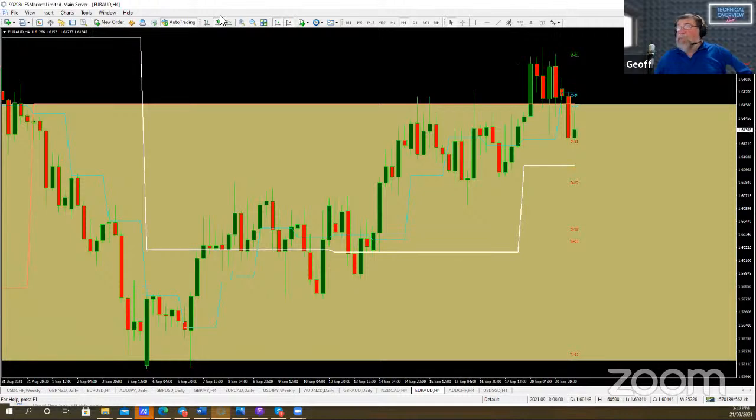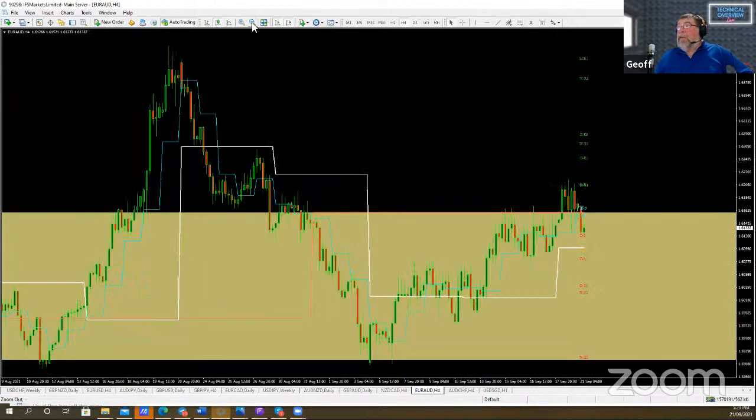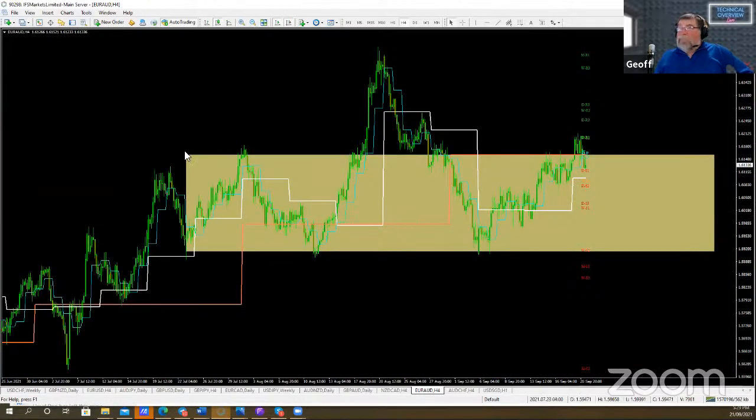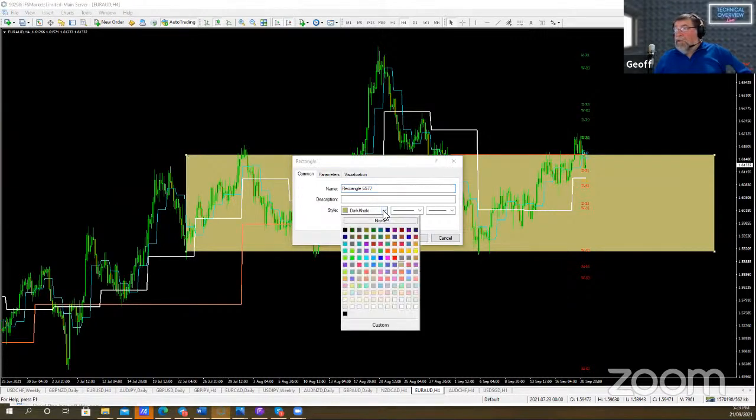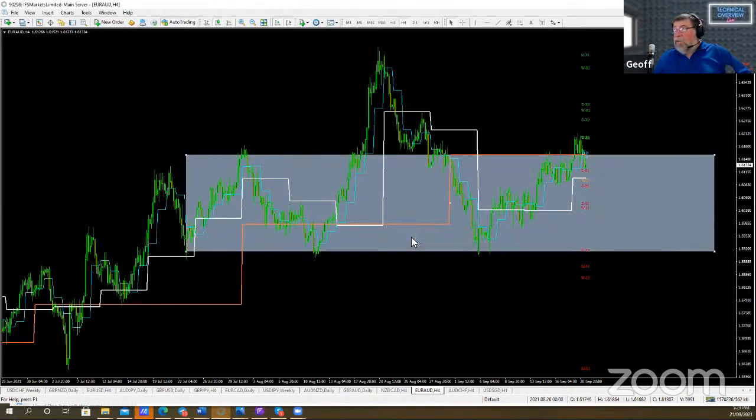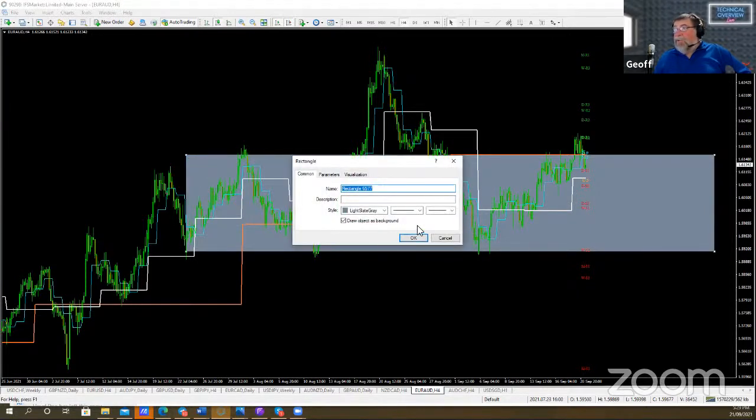This is a dreadful color. Who put that color there? Initials of the person who will remain nameless are Jeff Pine. What do I need to do here? Color. Dark khaki. There you go. No bloody wonder. What color do I want? Light gray? No. Puce.